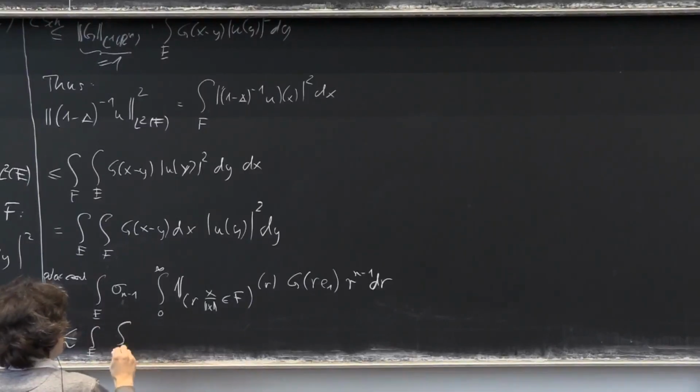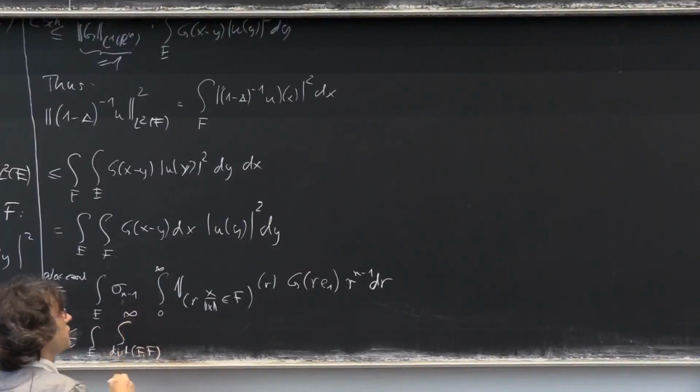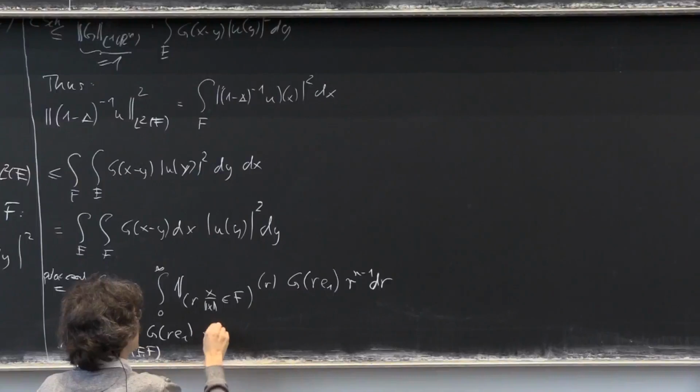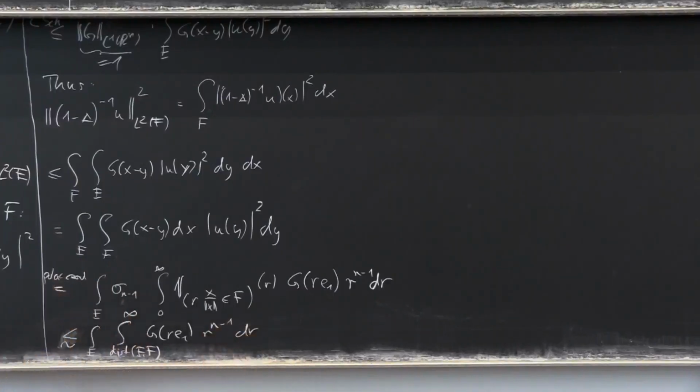And we can here integrate from the distance of e to f up to infinity, and then let's integrate everything that is left. Okay, now we integrate also on huge parts that lie outside of f, but I do not care. This will give me the right estimate.